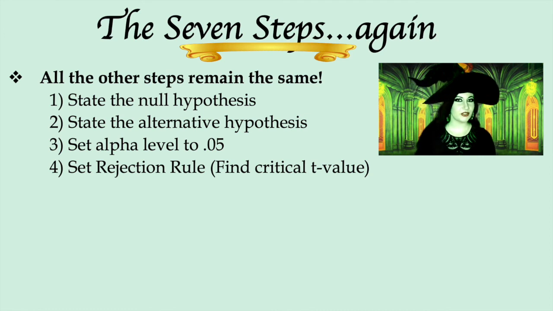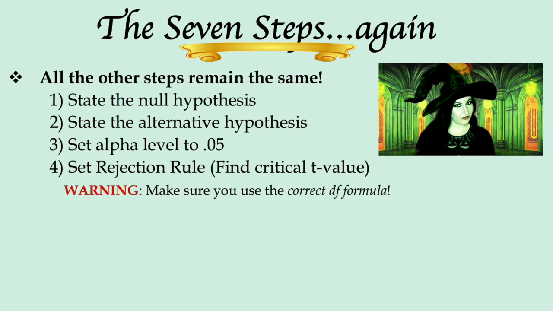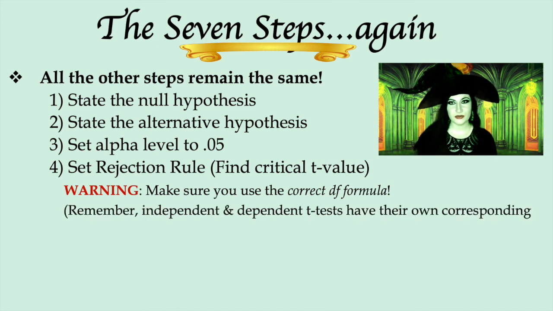So previously, when looking up your t critical value, you needed one very important ingredient, and that is degrees of freedom. Now, remember, because you have 2 different formulas for degrees of freedom, you have to be careful that you choose the correct formula. So for independent and dependent samples t-test, we have 2 different formulas for degrees of freedom.